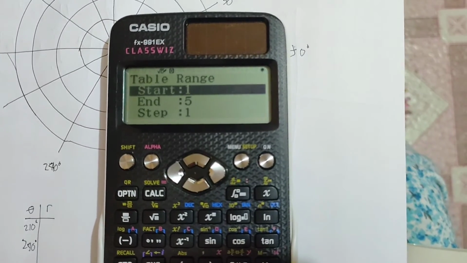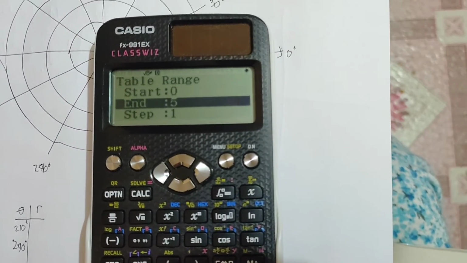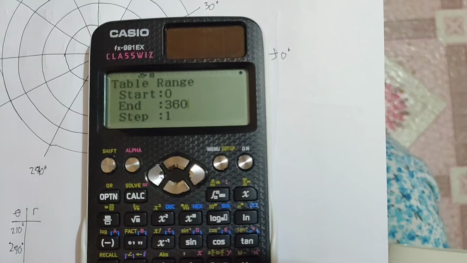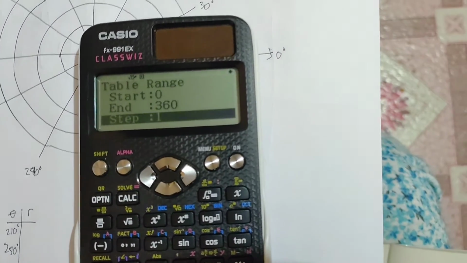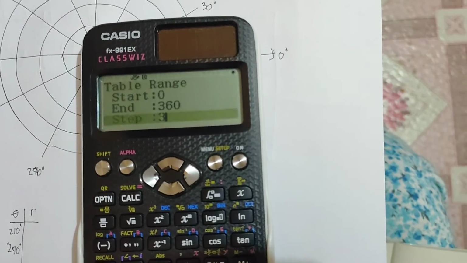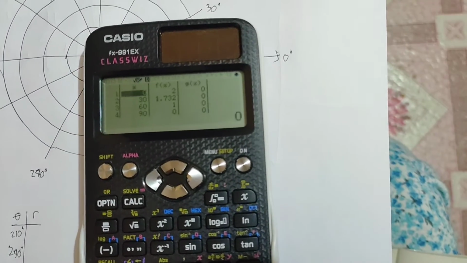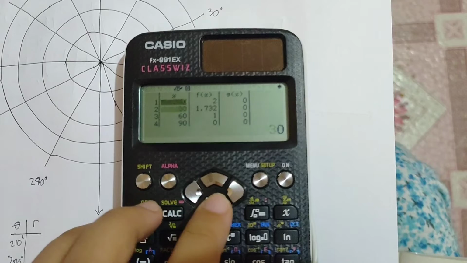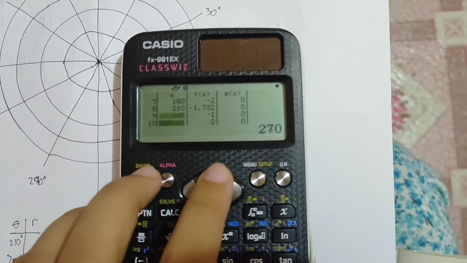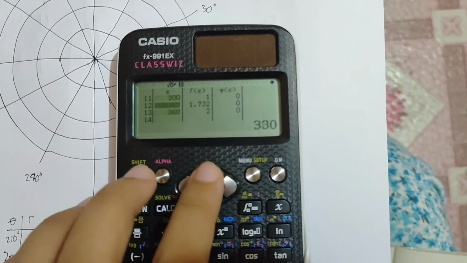Our start is from 0, our end is to 360, and our interval is 30. Enter. Equals. So that's it. This is the value of our r.